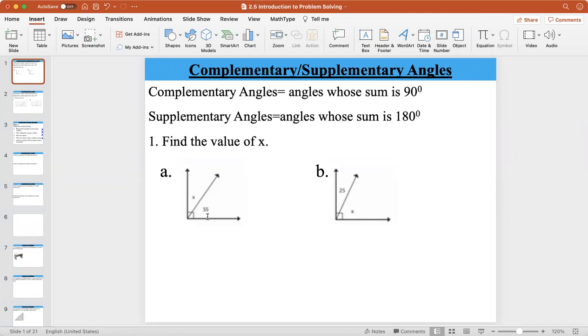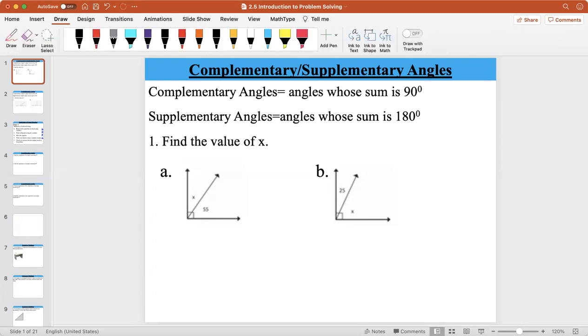We have two angles here forming a right angle, and we know that a right angle measures 90 degrees, right? A right angle here measures 90 degrees, and it's divided into two using this ray here in the middle, and we have 55 degrees here, and we have x. Let's find x.